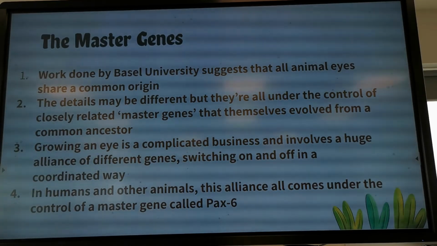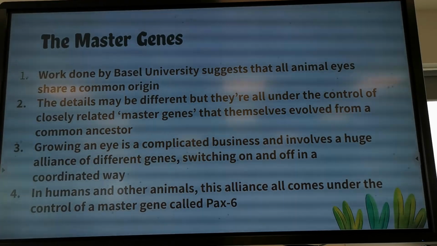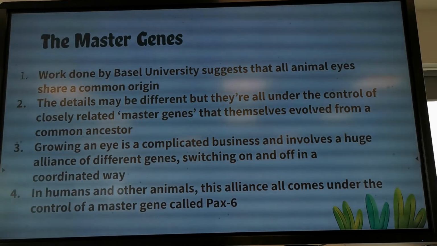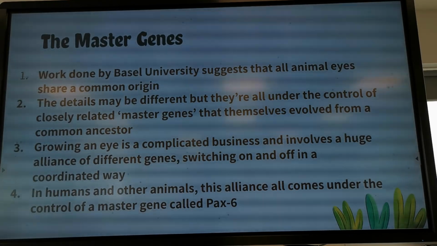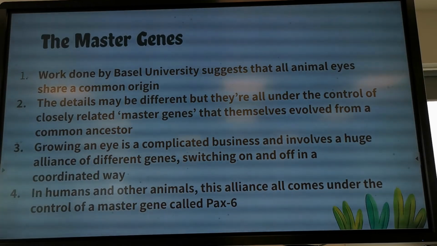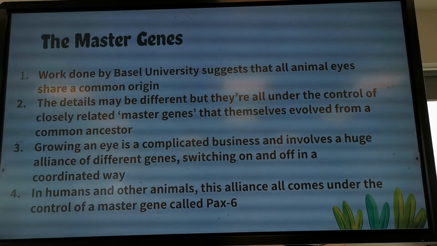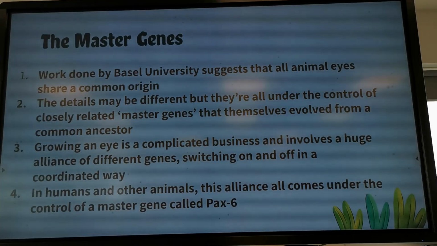They're like the gene foreman, if you will, the conductor. And like I said, this was first discovered by Basel University, and their research found that all animal eyes share a common origin and a common master gene. And although the details might be slightly different, it all comes back to this one master gene, which is known as PAX6.